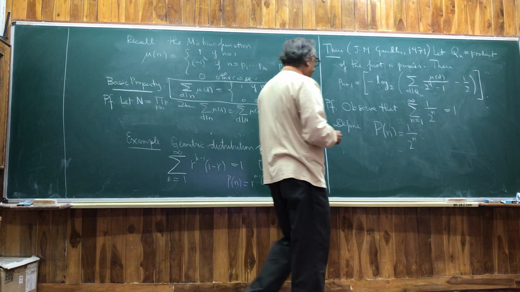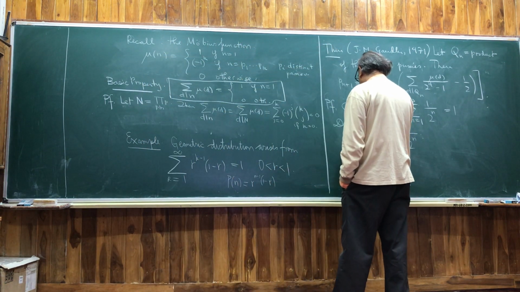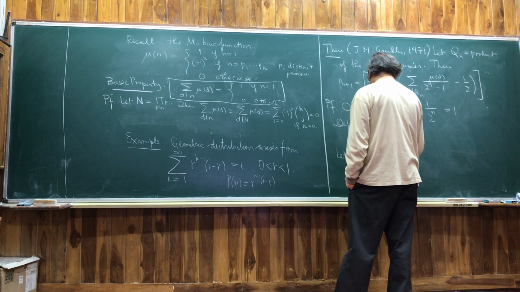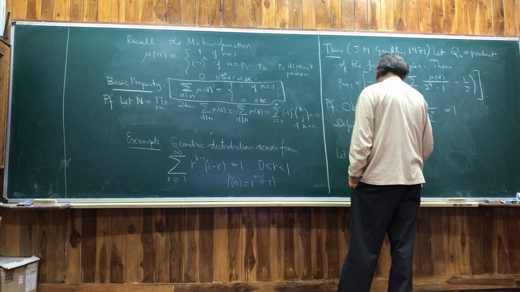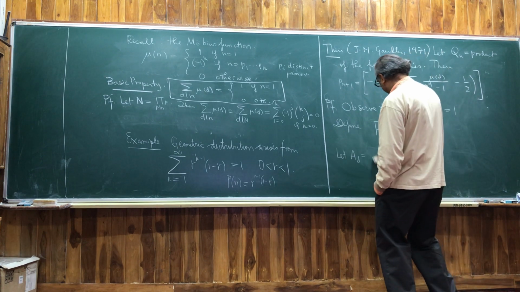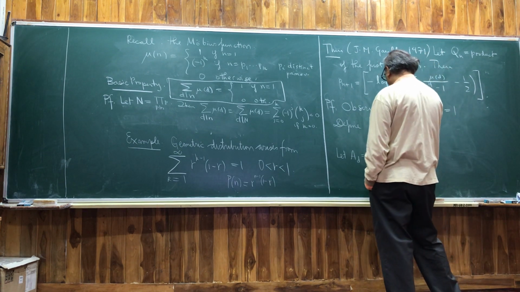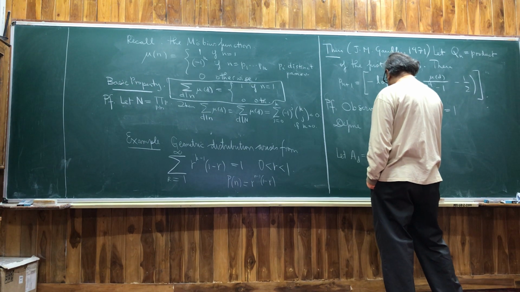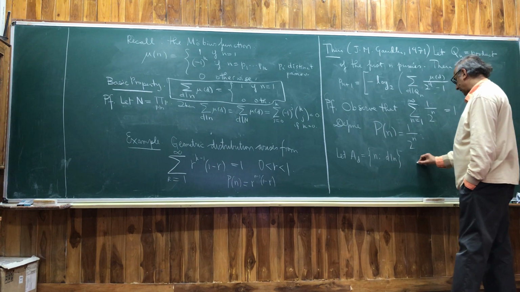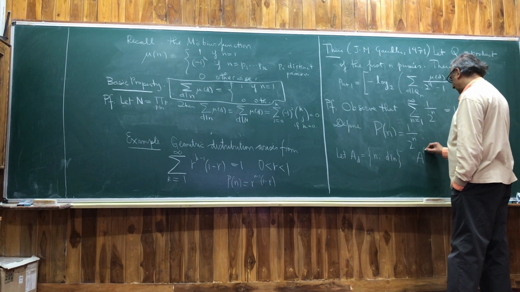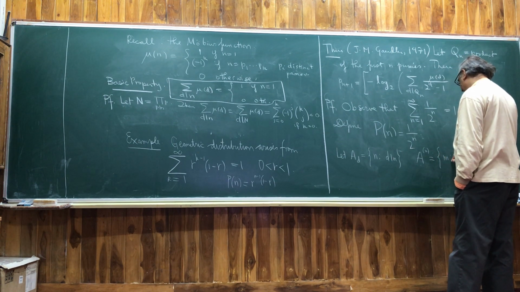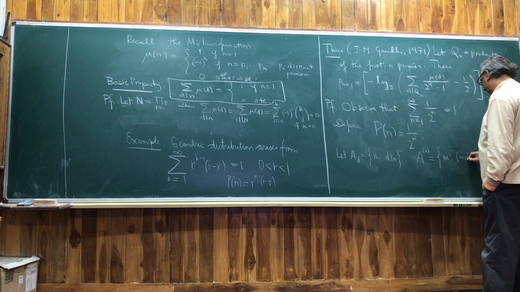Then let's consider two sets. Let A sub d be the collection of n such that d divides n, and let A superscript n be the collection of m such that m is co-prime to n.